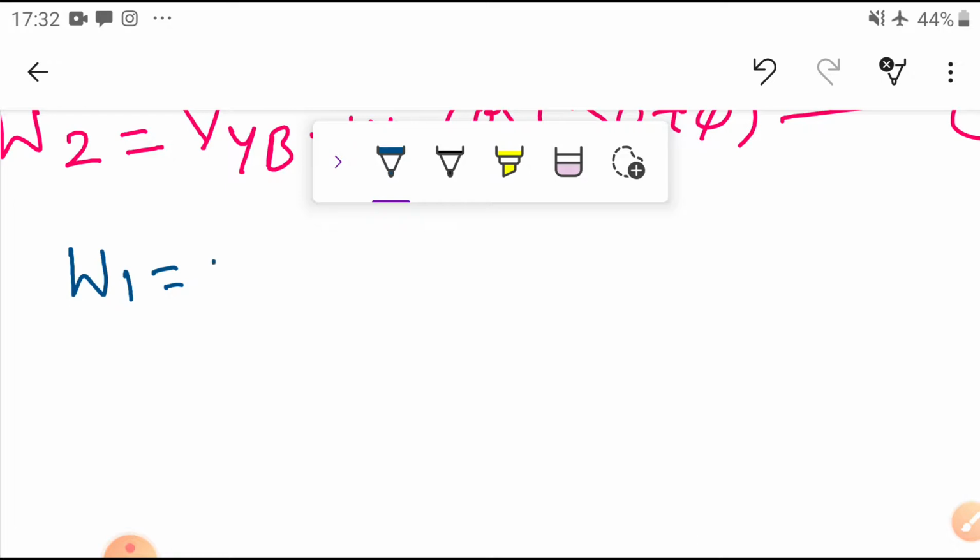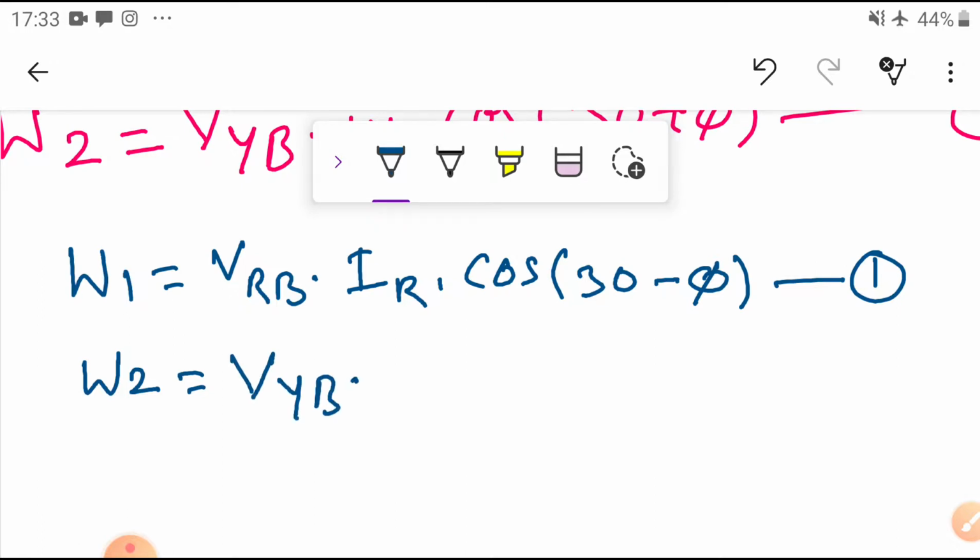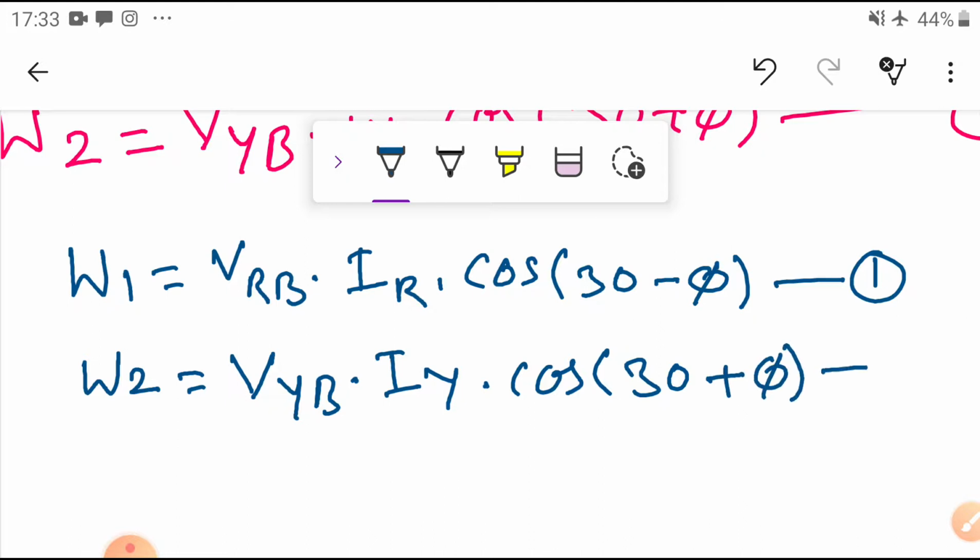W1 is equal to VRB into IR into cos(30 minus 5). Okay, this is the one equation we got. And W2 is equal to, what is the value? VYB IY cos(30 plus 5). This is the second equation.